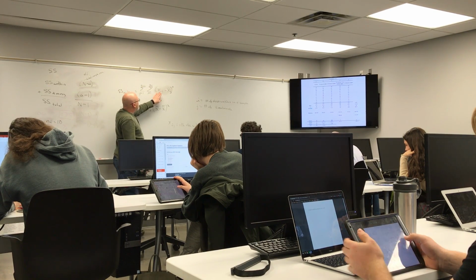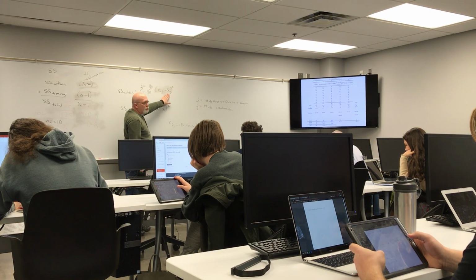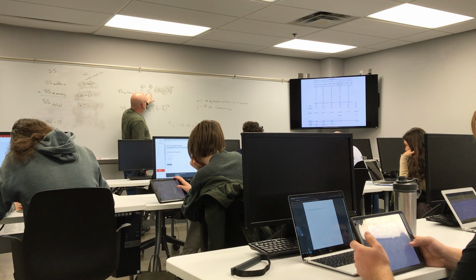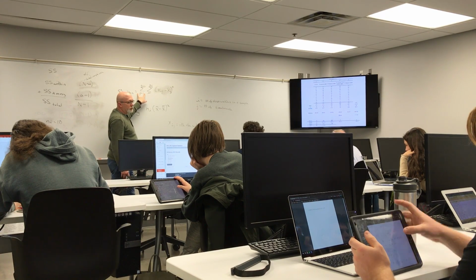So this basically says take each value, subtract it from the mean within a treatment, then sum that across all of the values within that treatment, and sum that across all of the treatments.